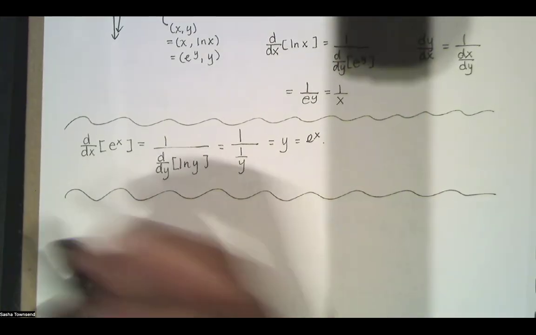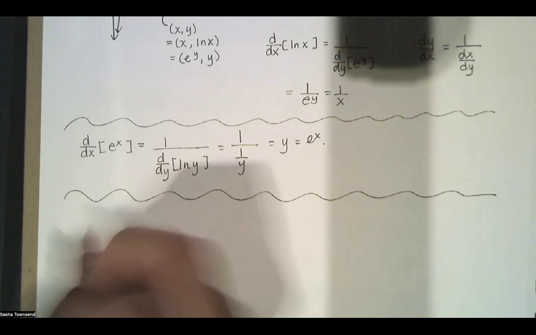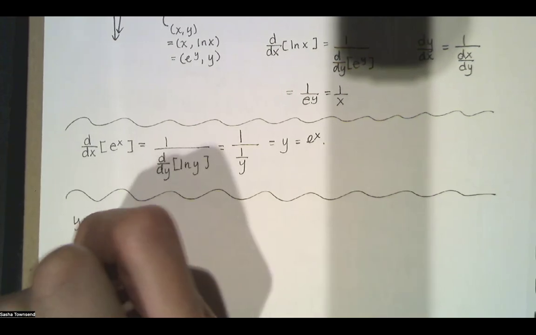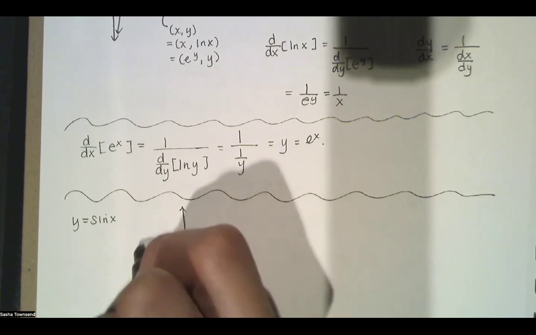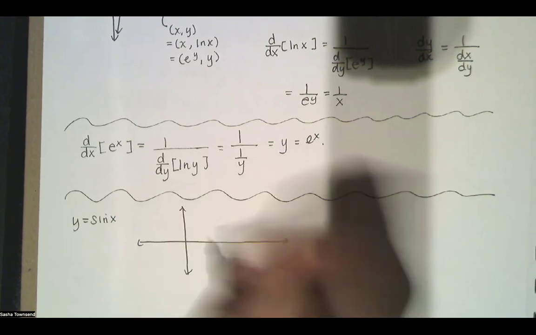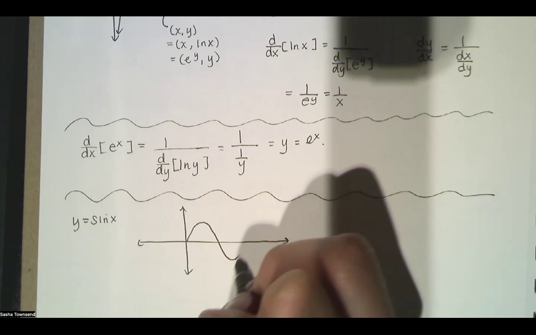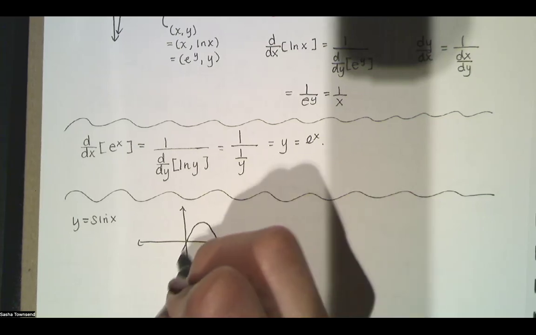Now we can do the same thing with all of our inverse trig functions. So let's look at y equals sine of x. You might say to yourself, does that function y equals sine of x have an inverse? And this function repeats itself, right?